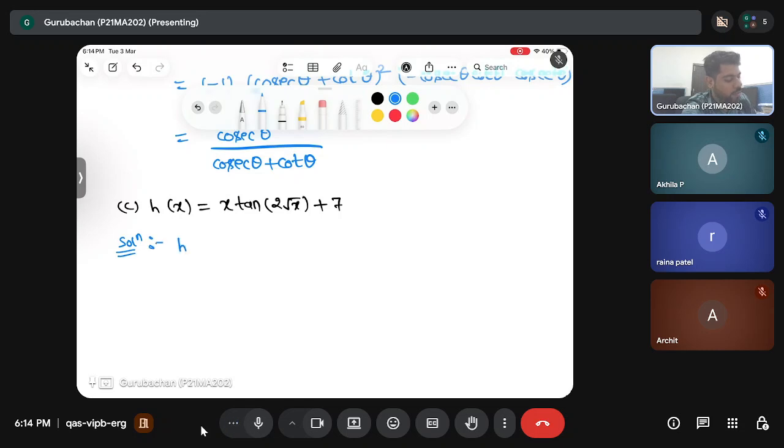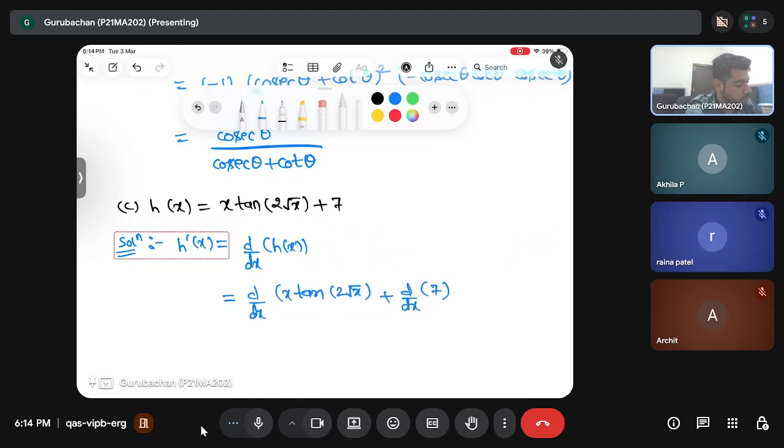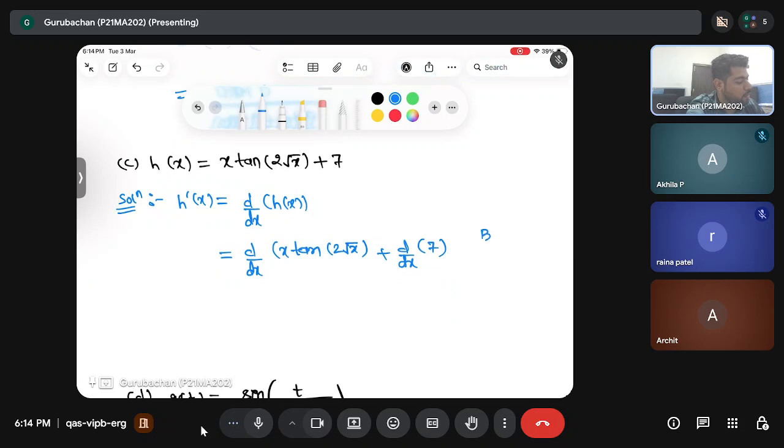What will be the derivative h dash x? It will be d over dx of this h of x, which can be written as d over dx of x tan 2 under root x plus d over dx of 7. How am I writing it like this? On which rule? By distributive property, algebra of limits.